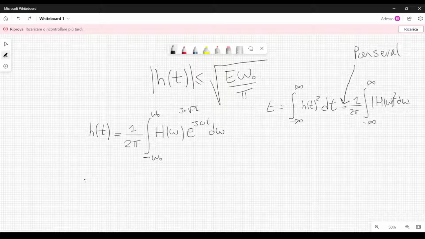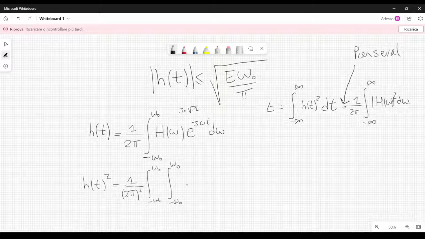Anyway, let's start. Let's write h of t squared, and by using the formula above and knowing how to deal with multiple integrals, we can rewrite that as 1 over 2 pi squared, and then we integrate from minus omega naught to omega naught, and we integrate again from minus omega naught to omega naught.